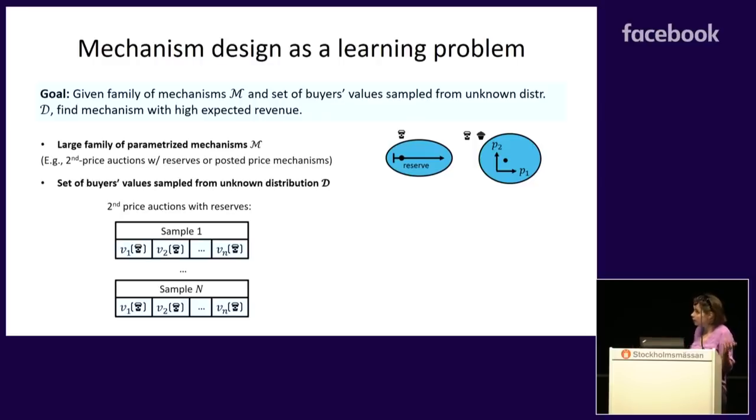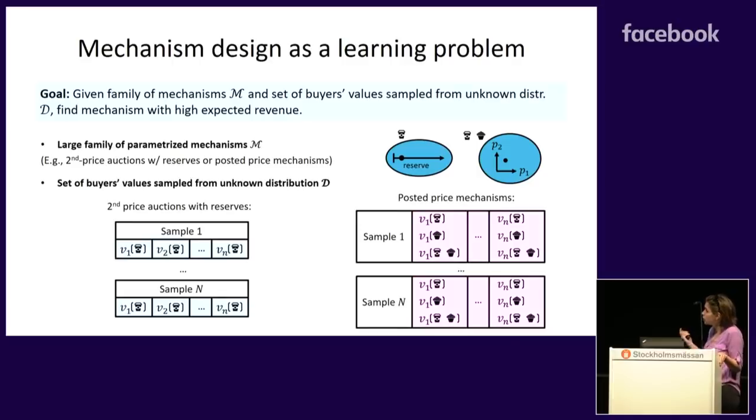So you have, say, capital N samples here for the second price auctions with reserve prices. Or if we are doing posted price mechanisms where we have multiple items for sale, our samples will look a little bit more complicated. Each sample will tell us the values of our buyers for each of the subsets of the items.